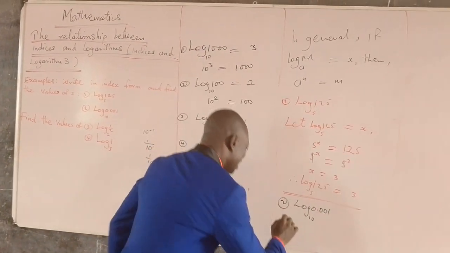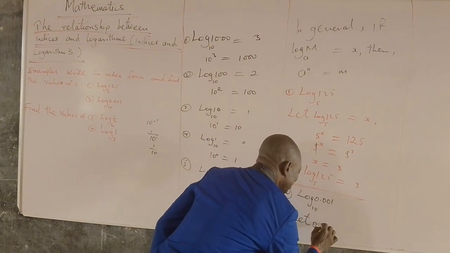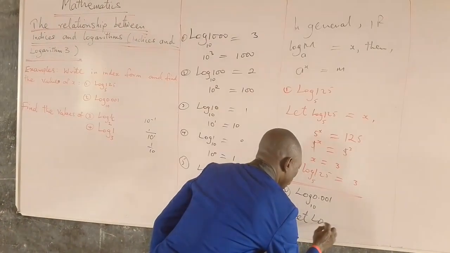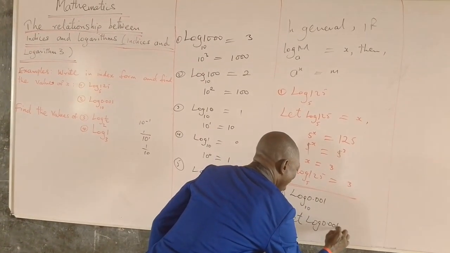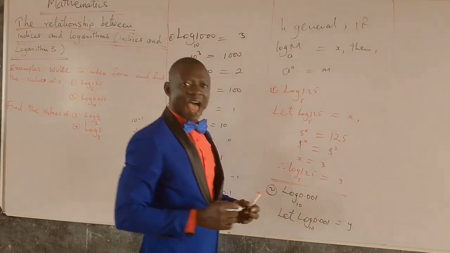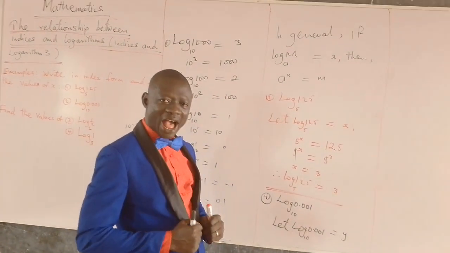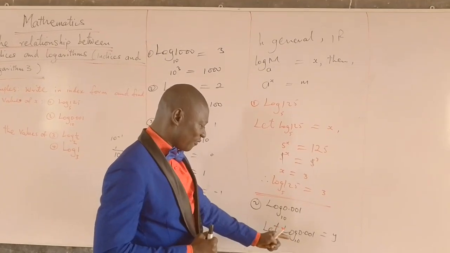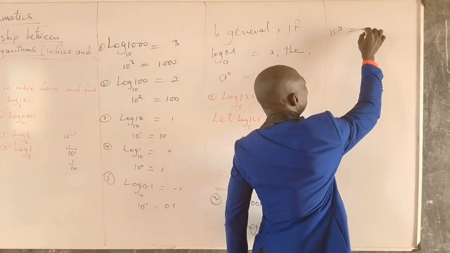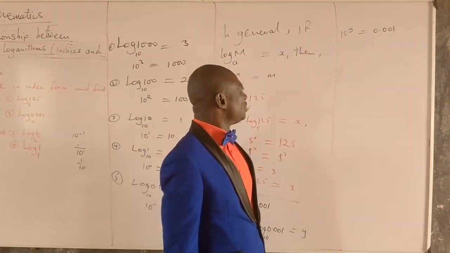Since we don't know it, let that log 0.001 in base 10 be y. When it is y, we bring y to become the index of 10. So we say 10 raised to the power y is equal to 0.001. Alright, what do we do next?